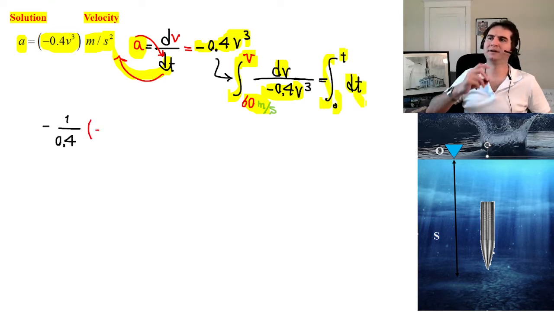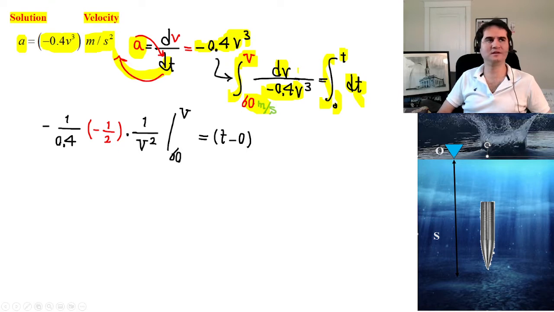Solving this integration, the coefficient comes directly out, and the integration of 1 over v cubed is negative 1 over 2 times 1 over v squared, from the initial velocity to whatever velocity, in terms of a time span of t.